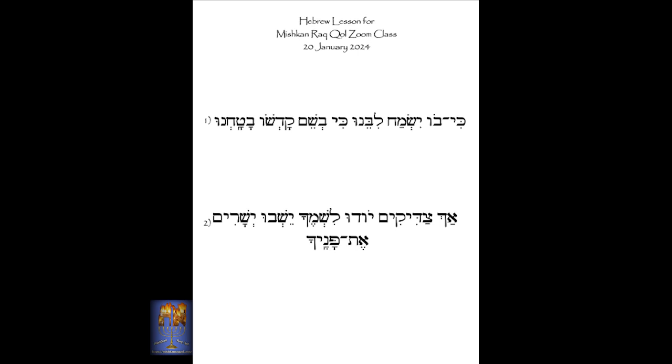Okay. So we have the kuf, and it's pointed with kamatz, long duration A type vowel, right? So that's ka. Then we have a dalet here, and it's pointed with shva. So since we're following a long duration vowel point, we know that this shva is going to be vocal and sound like an E. So that's d, de. But then look, we have either a shin or a sin.